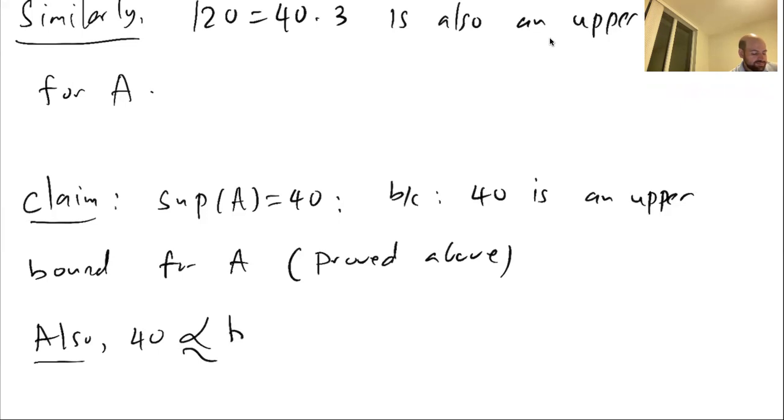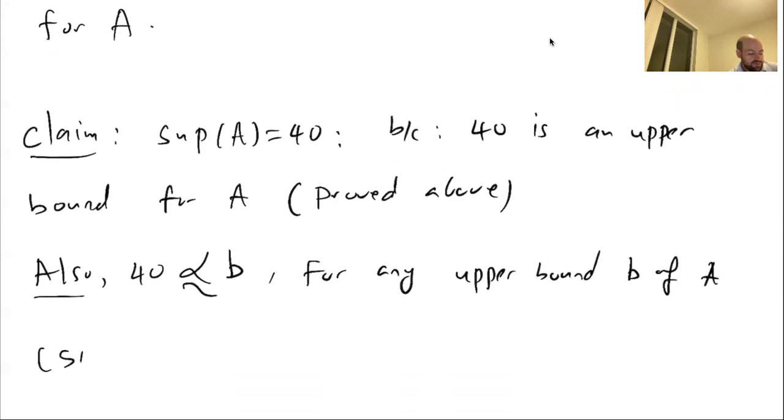Why is that true? Since 8 divides B, right? And 5 divides B. B is an upper bound, meaning that every element of A is curly less than or equal to B. Curly less than or equal here means dividing.